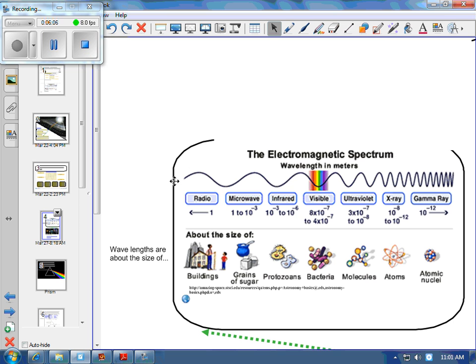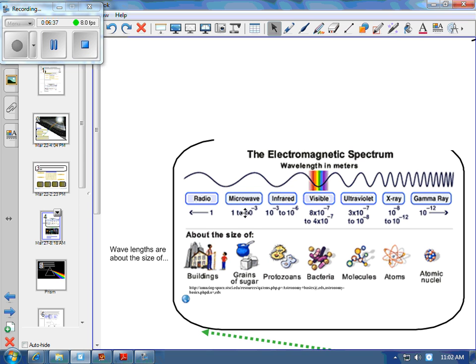Okay, what's happening is that the wavelengths are going from being very, very long to extremely short over here at the gamma ray end. And down here at the bottom, it explains what the wavelengths are about the size of. So for radio waves, it's about the size of buildings. So radio waves can be very, very long.